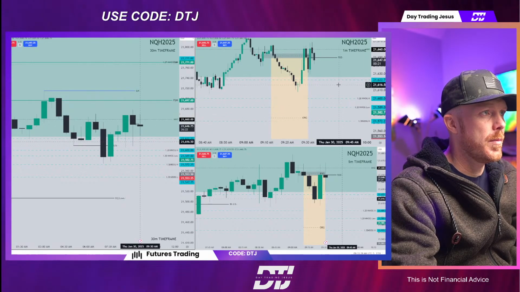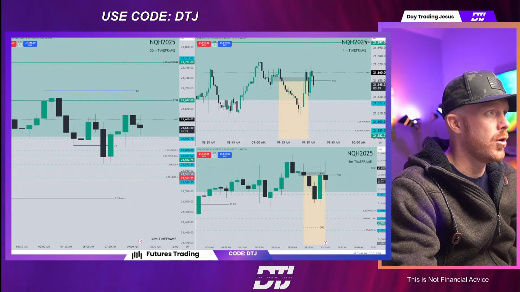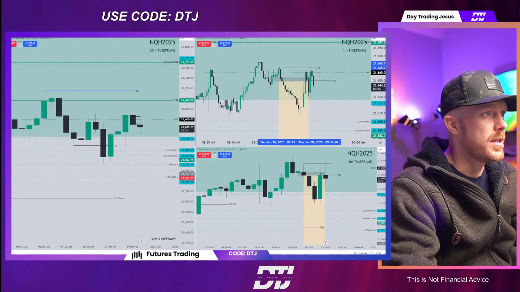We did get a small sweep of liquidity right here, right around the midnight open. You'll see that little sweep right there.